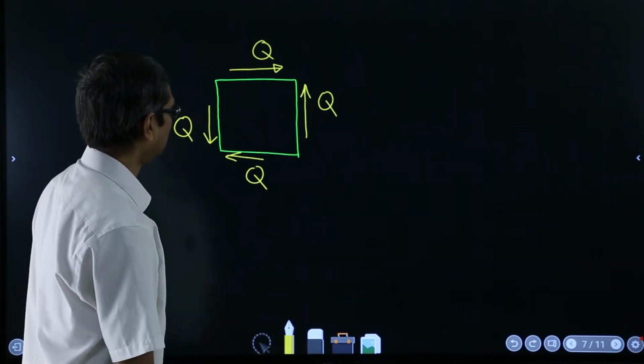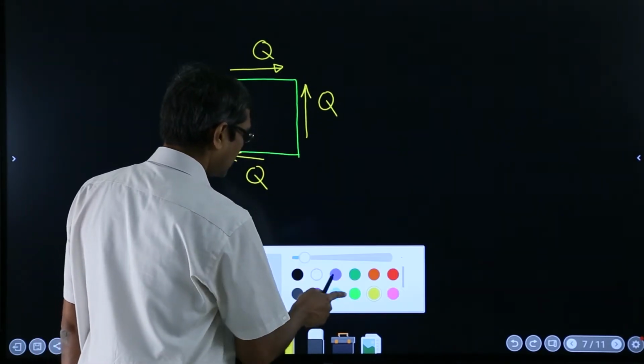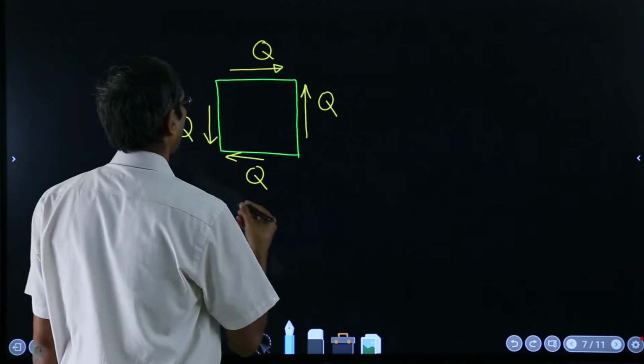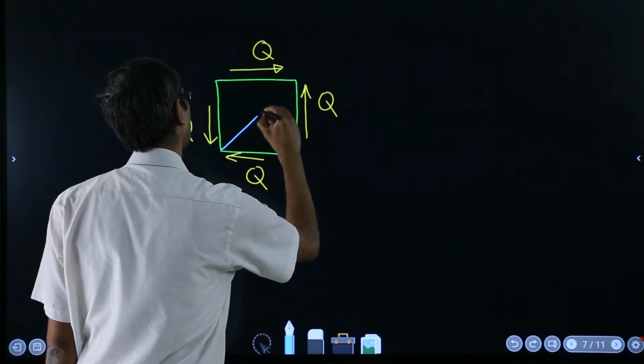Now, if this is the state of stress or applied loading conditions, let us see what happens. Let me first draw the diagonals.